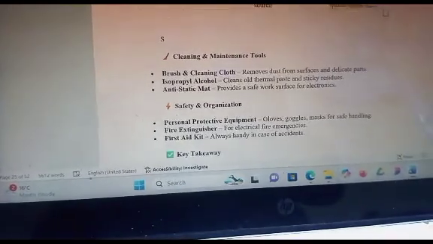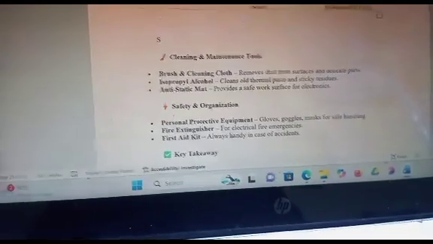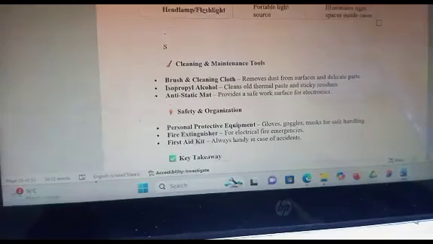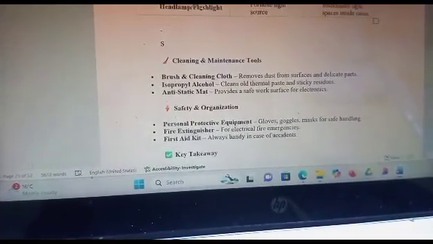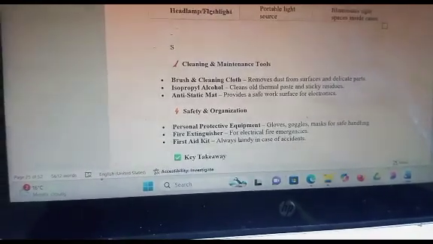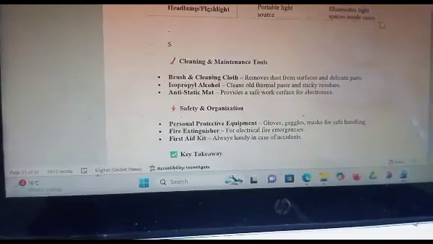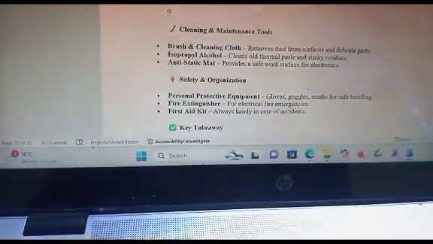Then we have isopropyl alcohol. That one removes thermal paste and sticky residues. You can remove some of the old thermal paste. And then we have an anti-static mat, which provides a safe working surface for the electronics.